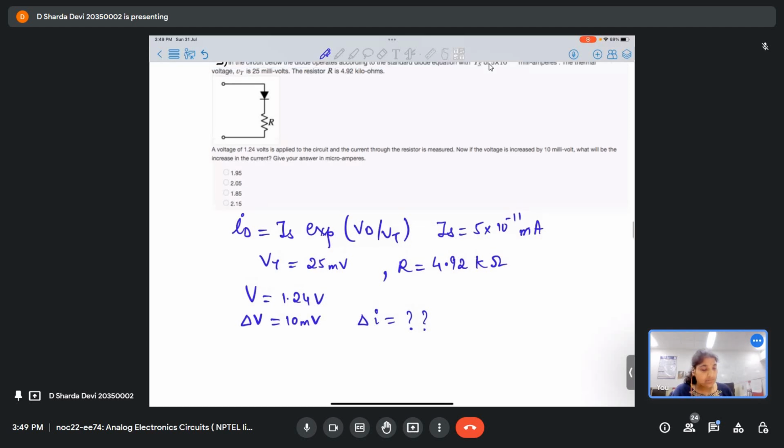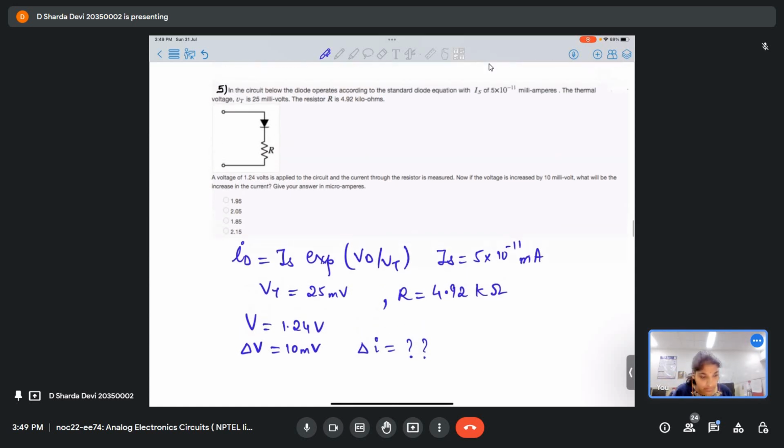First of all, in this question again we have to consider a VD, the drop across the diode. So let's say the drop across the cut-in voltage of the diode is 0.65 volts. So VD is equal to 0.65 volts.